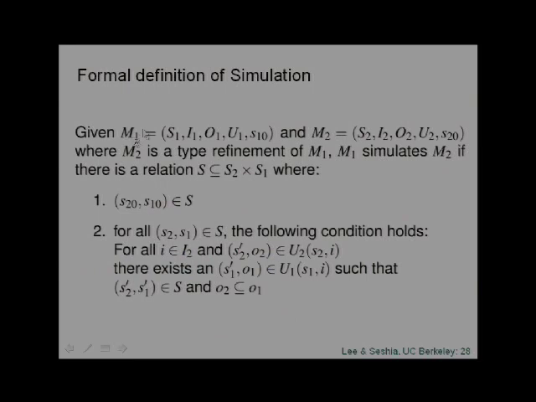So what this is saying is that the initial states look the same from an observational viewpoint immediately and for all future behaviors, and then for any pair in the simulation relation S2 comma S1. Let's say this is S2, and you have another state. This is a state of M1, S1.